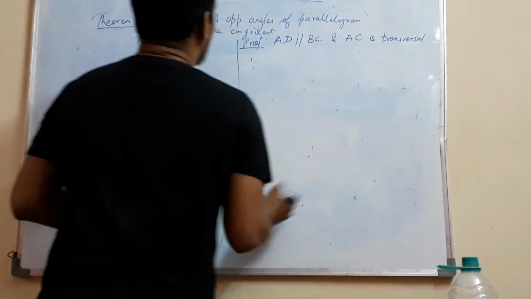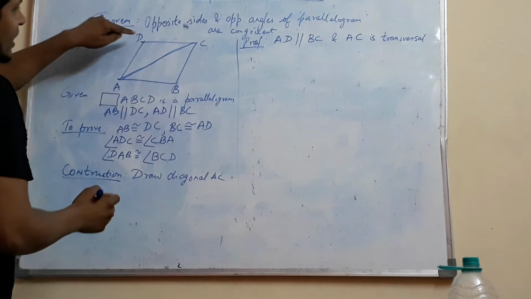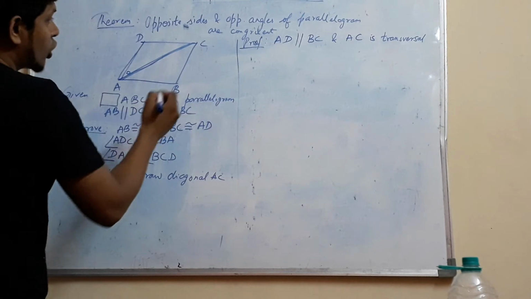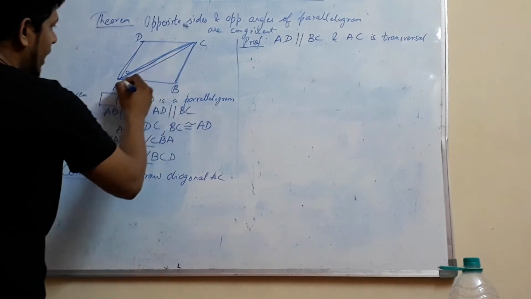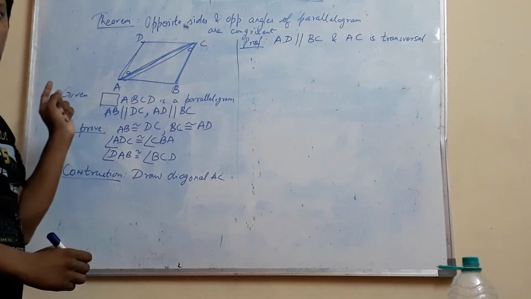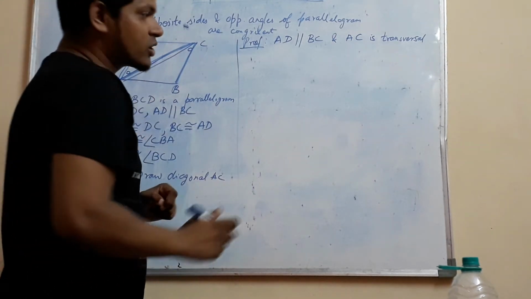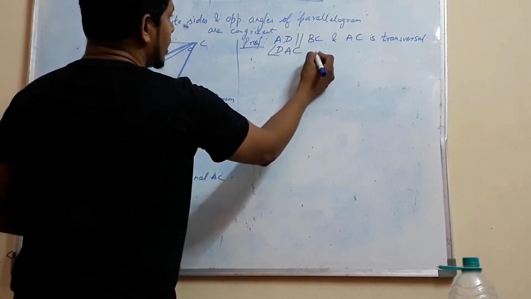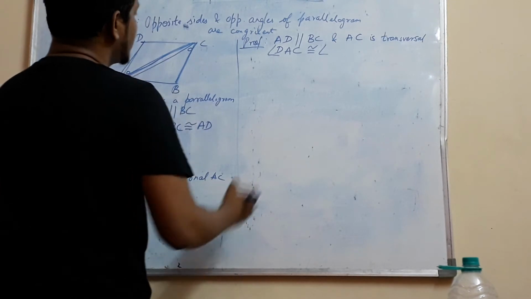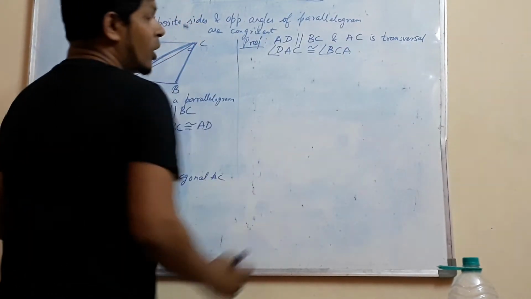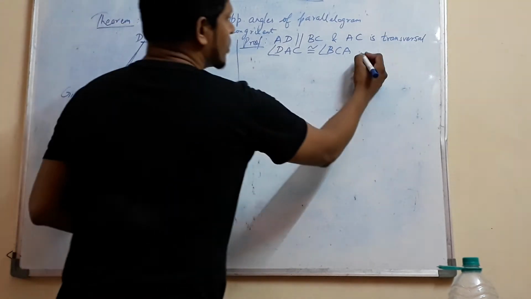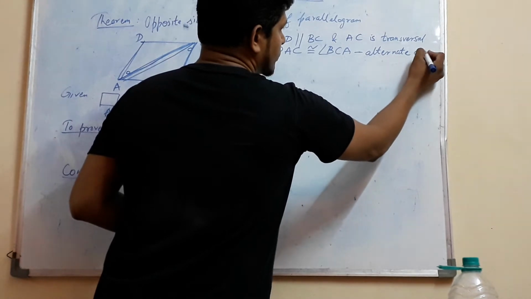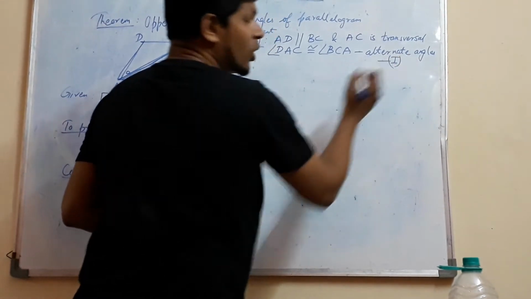So with that, we can say that this angle, that is DAC, is congruent to BCA. These two angles are congruent because they are alternate angles. So we can say that angle DAC is congruent to angle BCA because they are alternate angles. We can say this as point number 1.